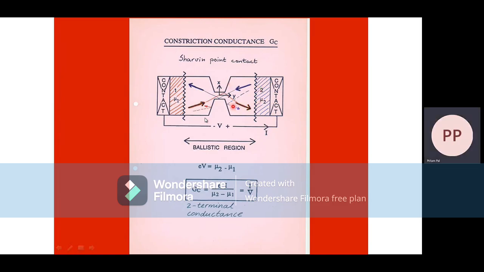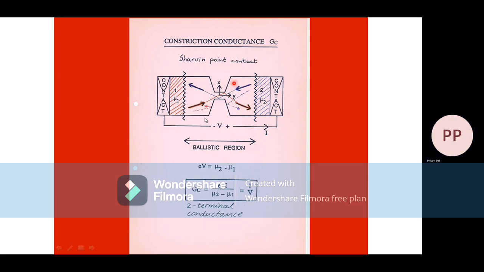There could still be two classes of trajectories going from left to right: passing trajectories, and scattering trajectories that are scattered back and are not reaching the right contact, and the same for going from right to left.